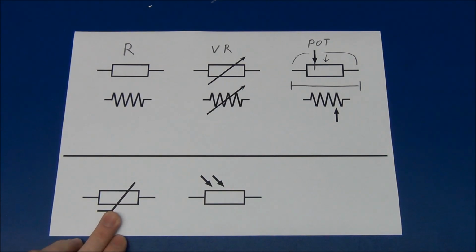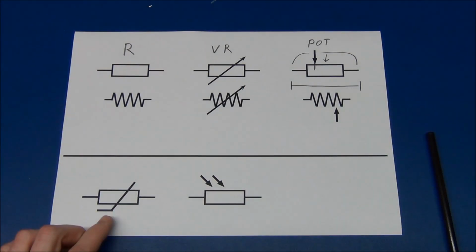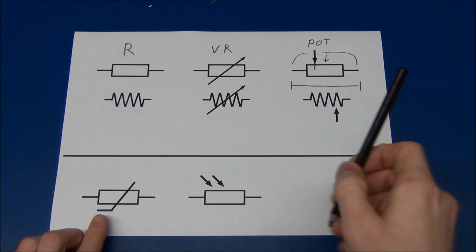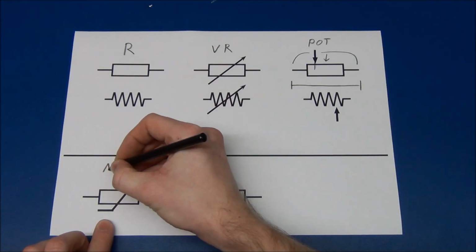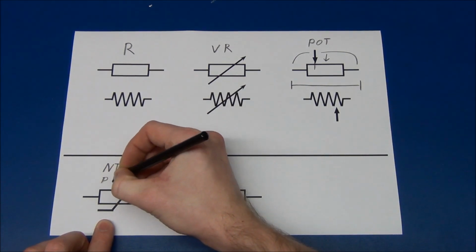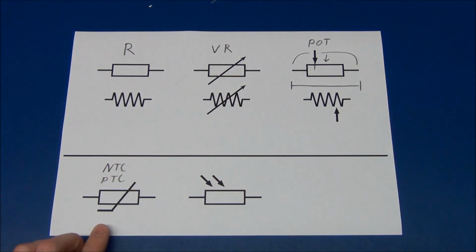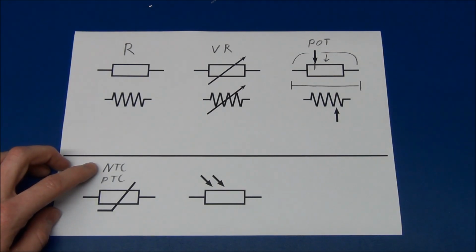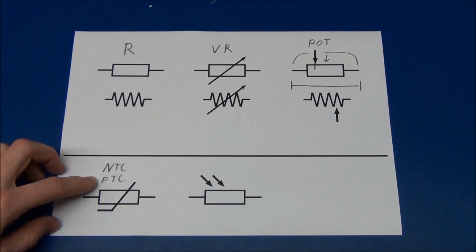This one down here is a thermistor. That means the resistance is dependent on the temperature. You can get this in a NTC or a PTC type. Negative temperature coefficient or positive.